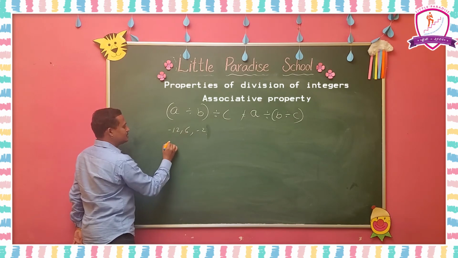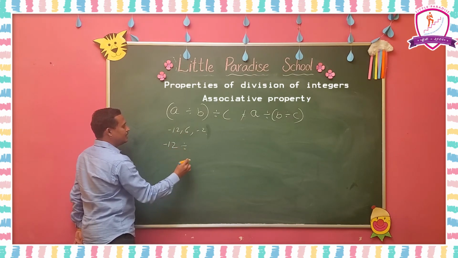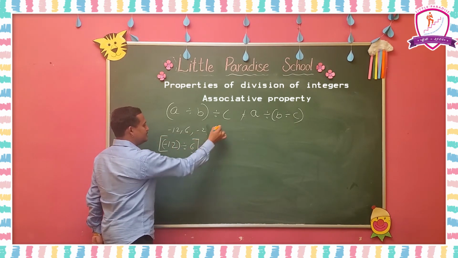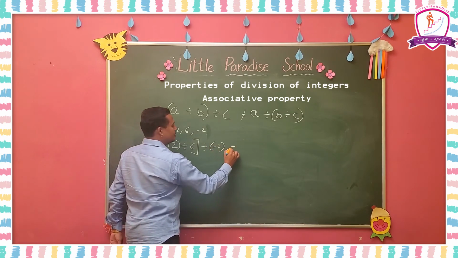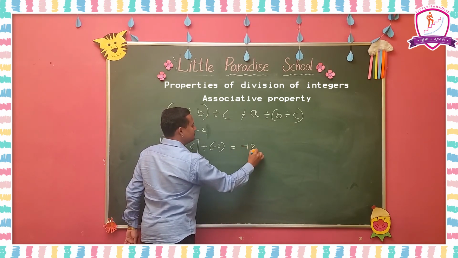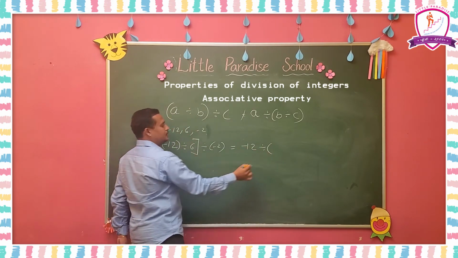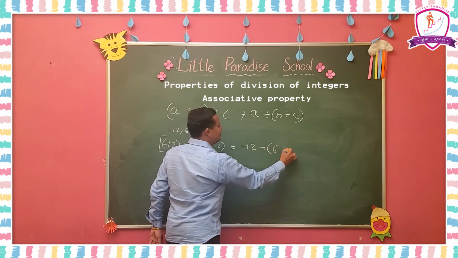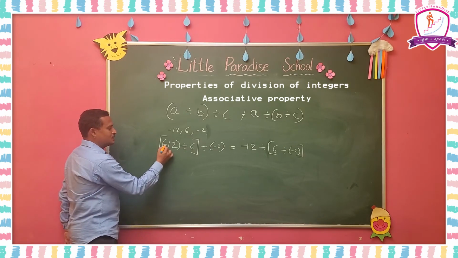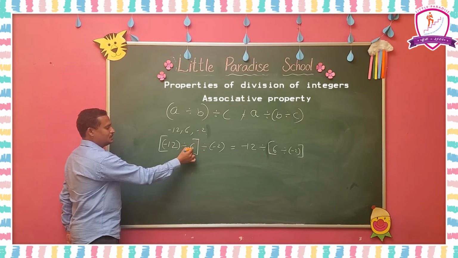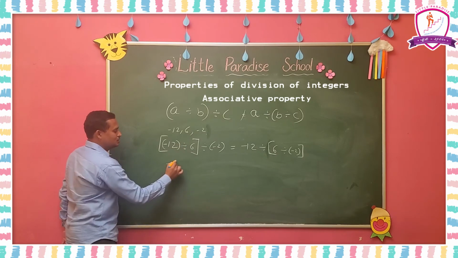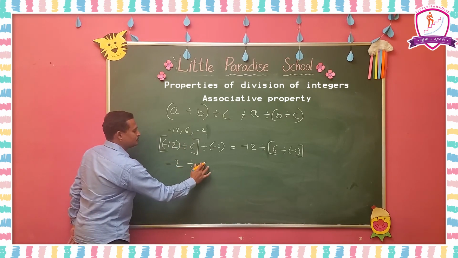Here A divided by B means minus 12 divided by 6, divided by C which is minus 2. Next, A which is minus 12 divided by B divided by C, which is 6 divided by minus 2. Coming to the first, we have to divide this group first. Minus 12 divided by 6: minus divided by plus means minus, and 12 divided by 6 is 2, so we get minus 2, then divided by minus 2.